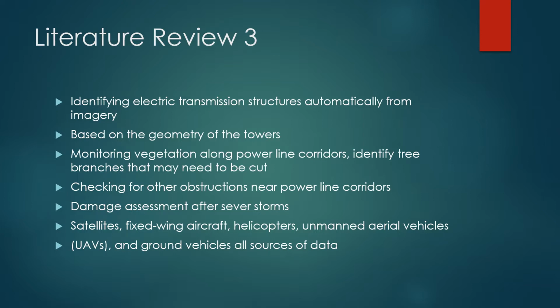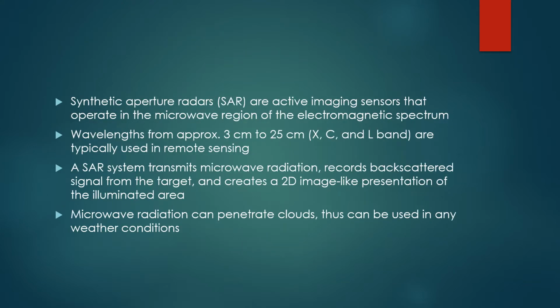And this article discusses various sources of data, including satellites, fixed-wing aircraft, helicopters, UAVs, as well as ground vehicles. The first data source that is discussed is synthetic aperture radar, which are imaging sensors that operate in the microwave region, and the wavelengths are from approximately 3 centimeters to 25 centimeters.